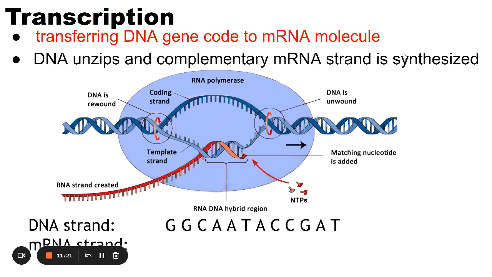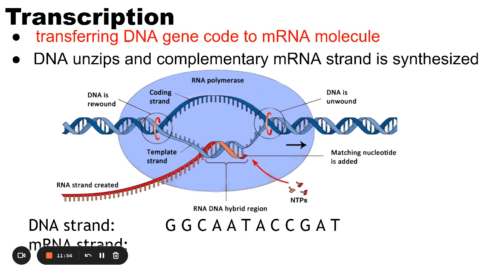So if, for example, this part of the DNA has this sequence, GGCAATACCAGAT, the messenger RNA is built based on that. If the DNA has a G, what does the messenger RNA have? C. C. G goes with C. And A?